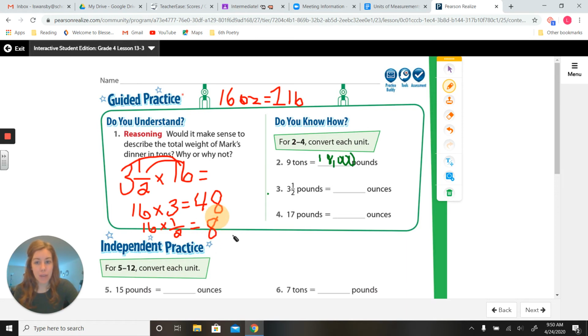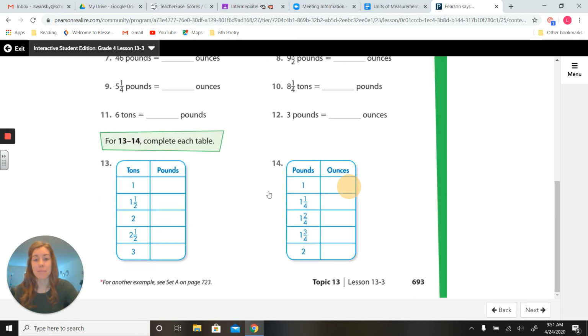And then add those up, which equals 56. So 56 ounces. And you would do the same thing with pounds to ounces. 16 times 17. That one you would have to stack and whatnot.